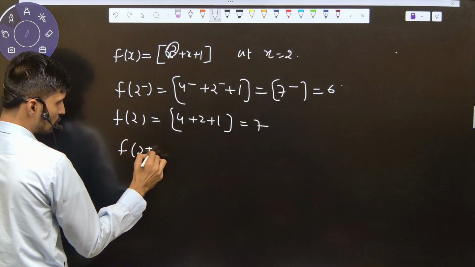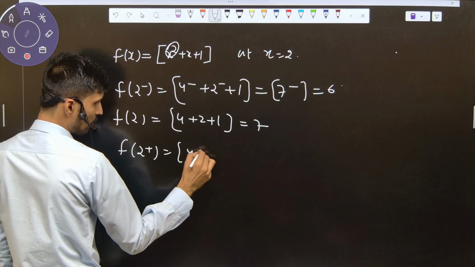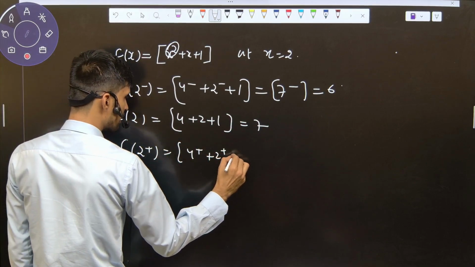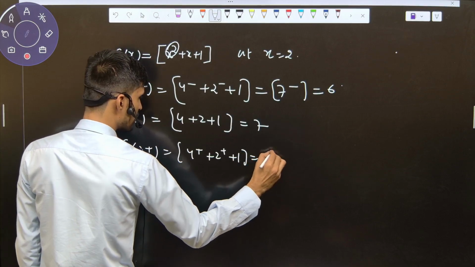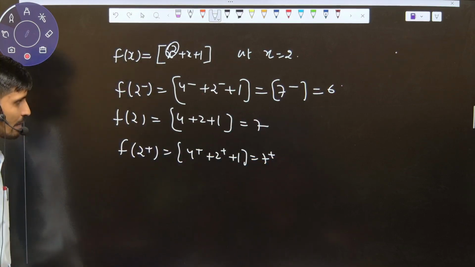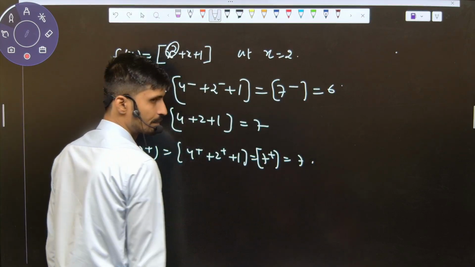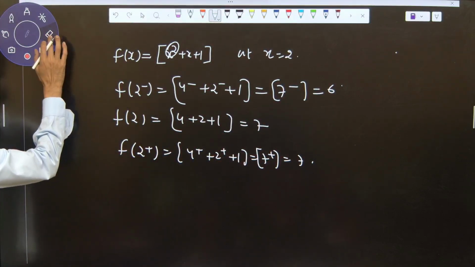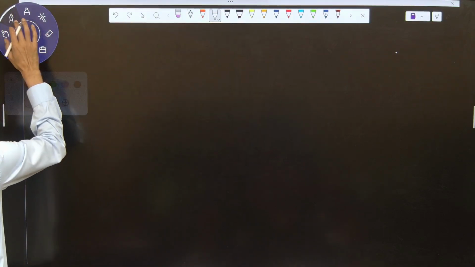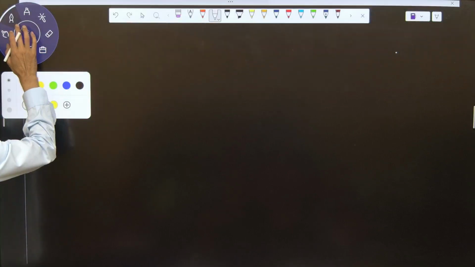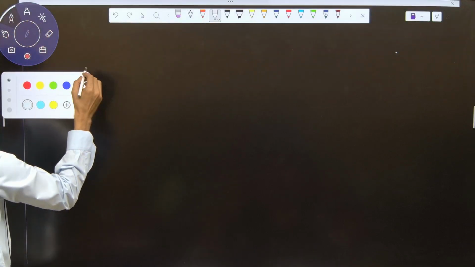F of 2 plus is 4 plus 2 plus 1 equals 7 plus. And the greatest integer of 7 plus will be 7. You can do the calculation.